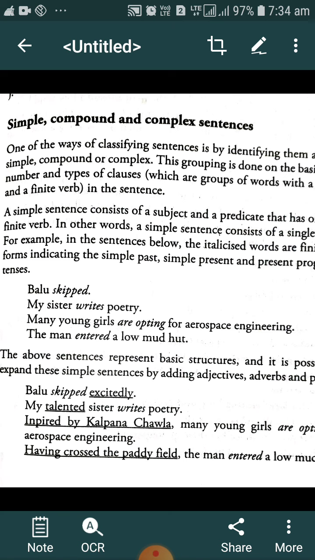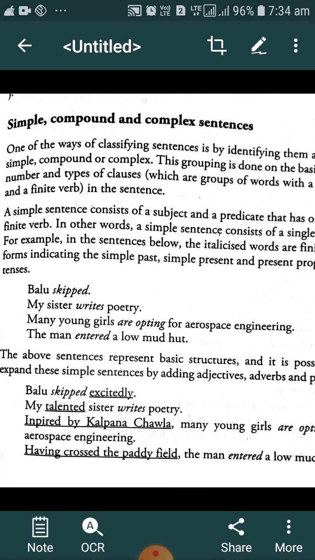But as far as a non-finite verb is concerned, there is no change in its form, because it is not affected by the number of the subject or the tense that any verb denotes.